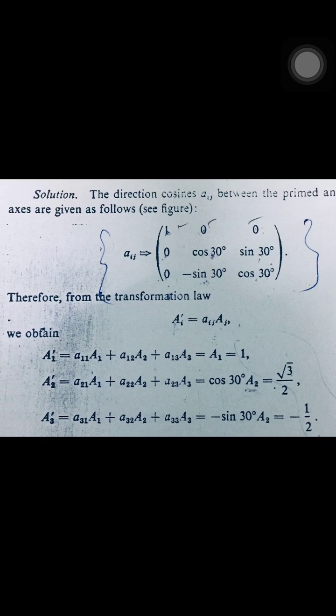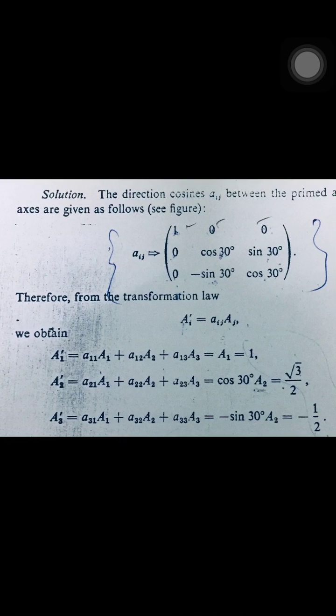So we can easily calculate from the prime axis to the unprime axis or the unprime axis to the prime axis, vice versa, by this numerical way. Such types of questions are asked in the examination, so we can solve them easily. So for today we are stopping here. In the next lecture we will continue after that. Okay, thank you.